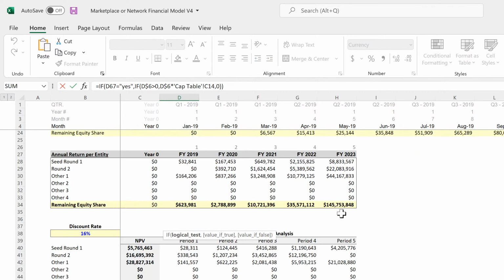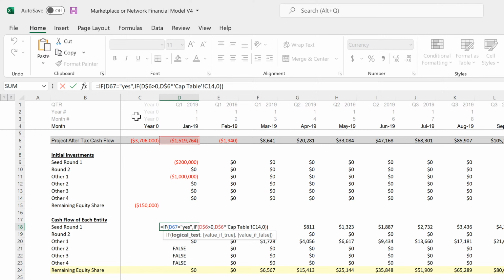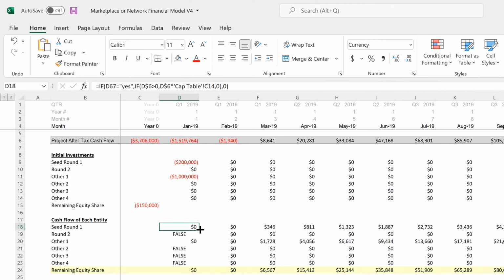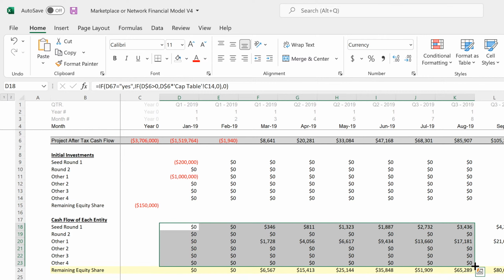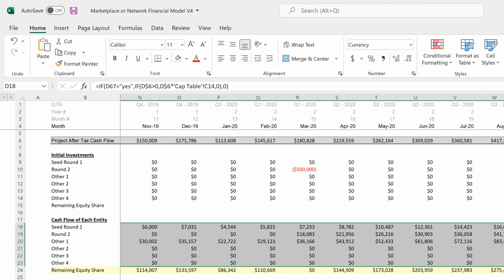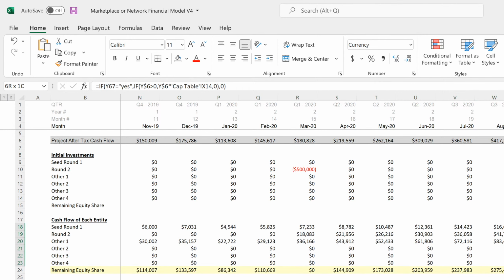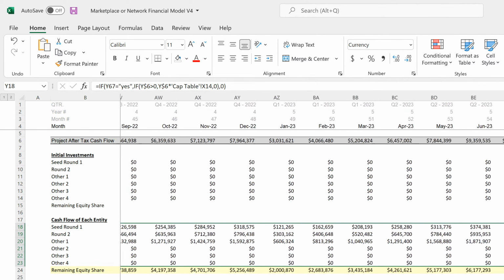That should go cap table C14. Otherwise 0. Okay, good. I'm getting the same numbers, so that's a good sign. Then when that other investment comes in, okay, good. So now we have numbers here, which is where we were having the issue. All right, this is great, and it's way more dynamic now.